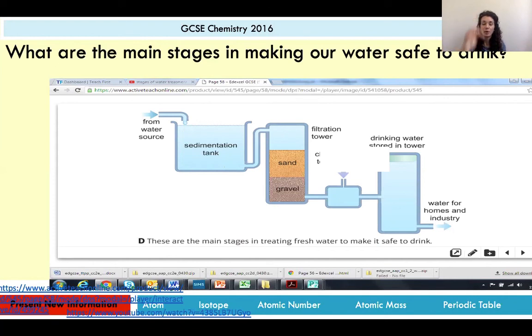Then it's put in a filtration tower where it filters through sand and gravel to remove lots of bits of debris. And then it's this part here, the sterilisation tank, where chlorine or another steriliser is added to kill any bacteria or microorganisms. And then it's stored in a drinking tower here.